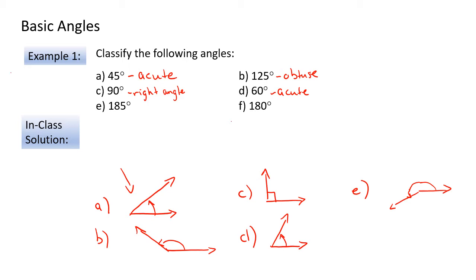So this would be noted as a reflex angle, because it's greater than 180 degrees, up to 360. F, our last one, is exactly 180 degrees, meaning it'd be an exactly straight line, and that's known as a straight angle. This is just to reinforce the terminology that we had in the previous slide.